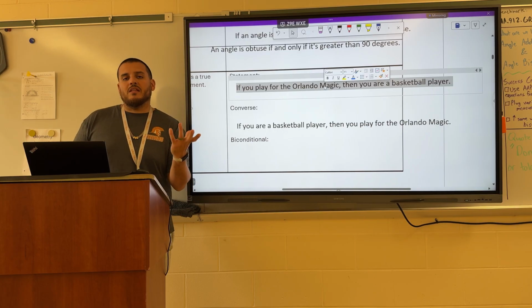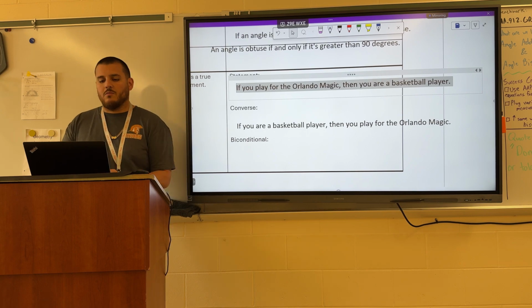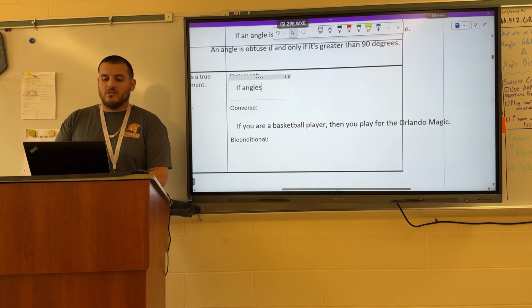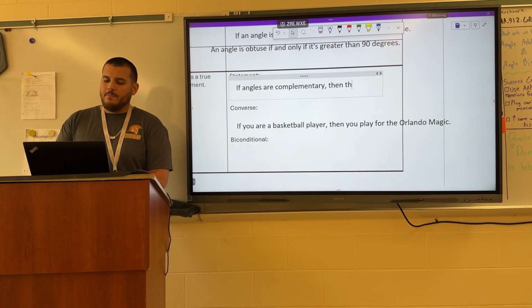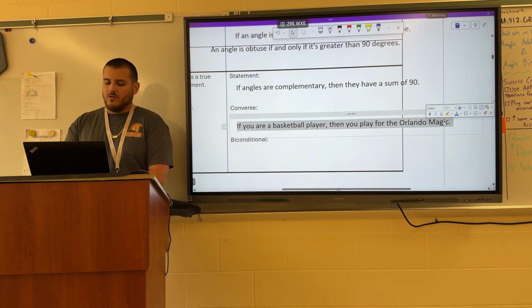An example of something that could work would just be any definition or fact that you know of from geometry. For example, I know that if angles are complementary, then they have a sum of 90 degrees. The converse of that is also true.